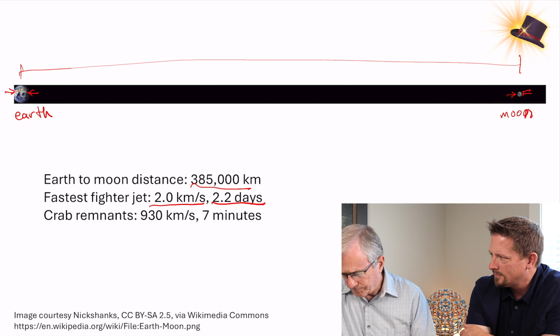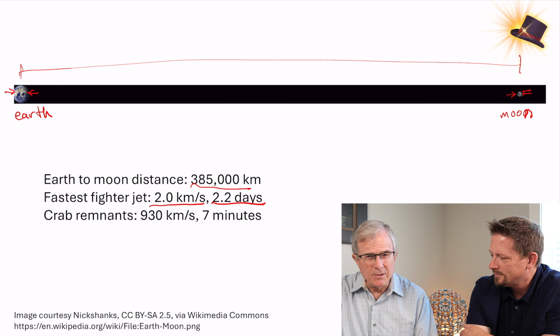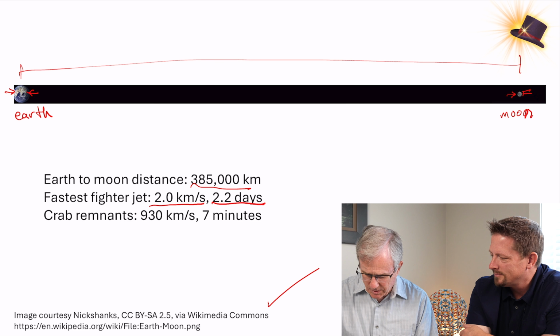And this is a Wikimedia image, which we've just been so grateful for the images that are available on Wikimedia, and I mentioned in the acknowledgments that Wikimedia is a tremendous resource, and here's the attribution for that.